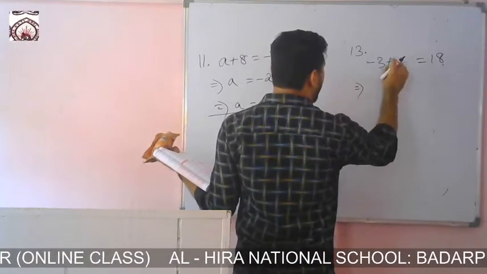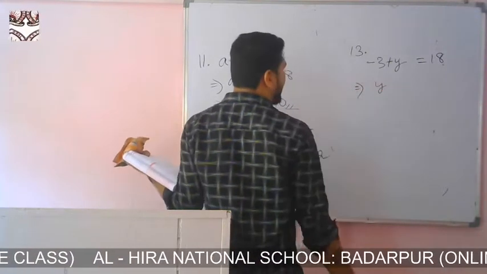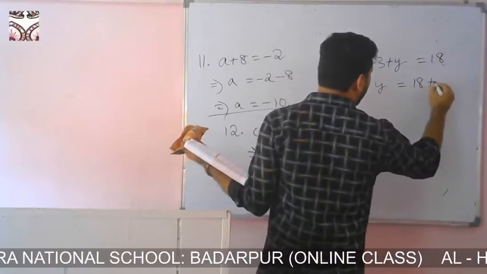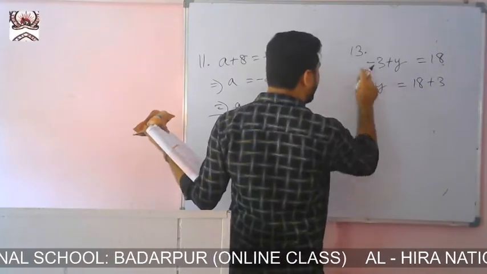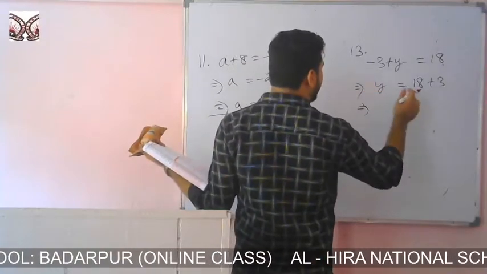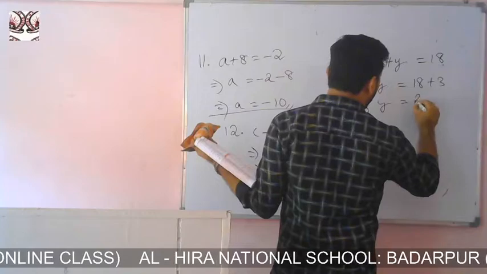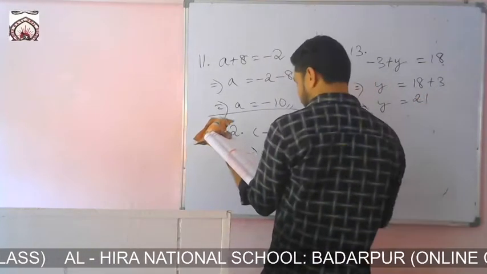Then we have to find y, so we will keep y to the left side and we will transpose minus 3 by adding, because here it is in the minus, so if I take to the right side, it will become what? Plus. Okay, then 18 plus 3 what? 21.